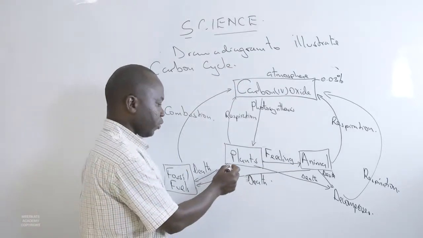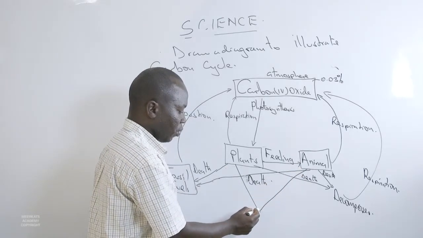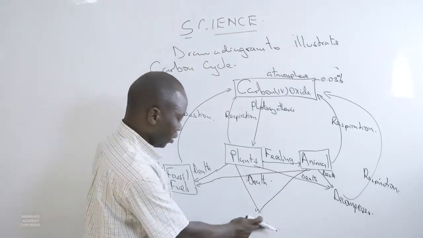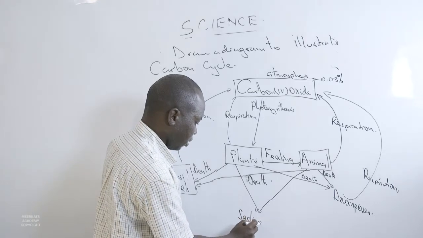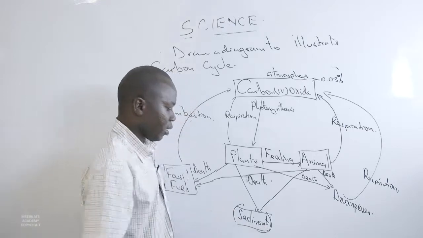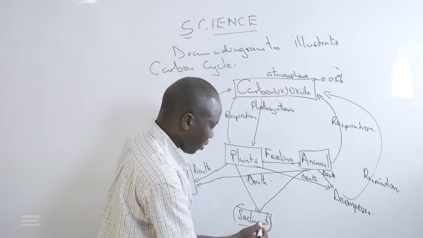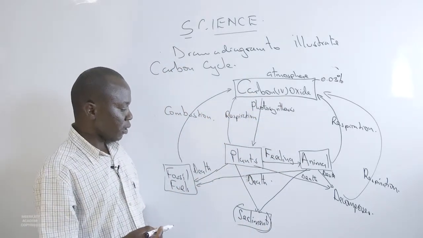Sometimes part of it, in form of plants and animals, will be held, locked in some points, sediments. In sediments, maybe there was no petrifaction, and it is locked in such an environment where there is no recycling back unless it is activated to do so.